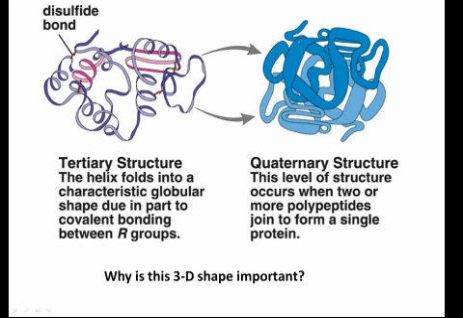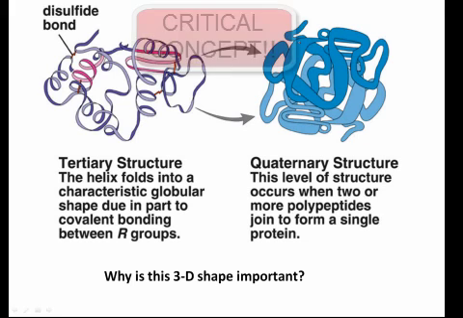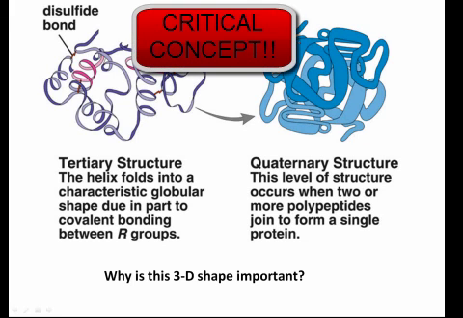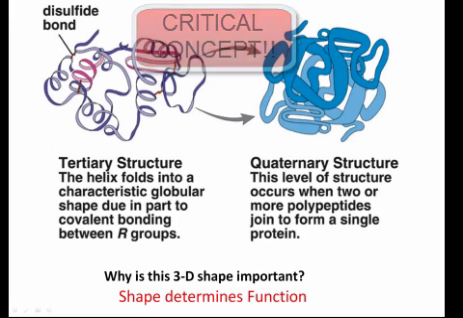Shape is very important all throughout biology. Structure determines function. And so the way this protein folds up into this specific shape is going to determine how it acts and how it functions in the cell. Shape determines function.